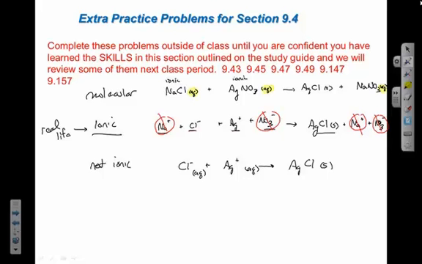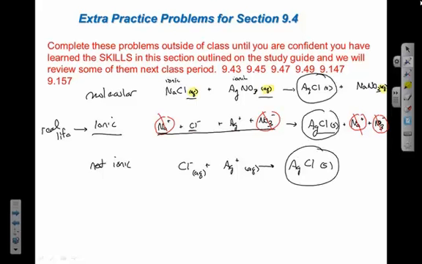Other question? How would we be able to recognize a precipitate? I don't expect you to predict when a precipitate is going to occur. I expect you to be able to, if I give you a reaction, recognize it as a precipitation reaction. That's pretty straightforward. If you have everything dissolved, or all the ions separated, and then you see a solid forming as a result of the reaction, that's a precipitation reaction.